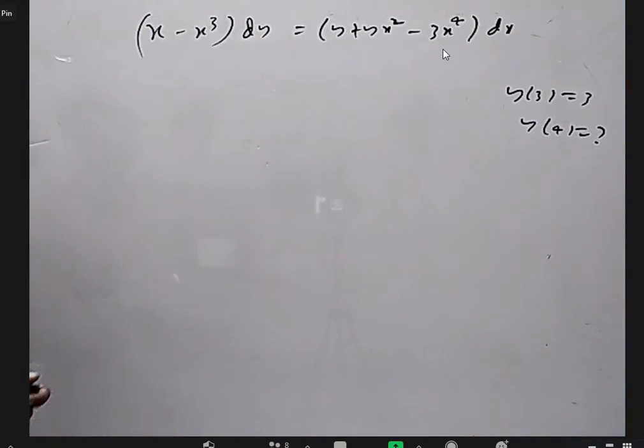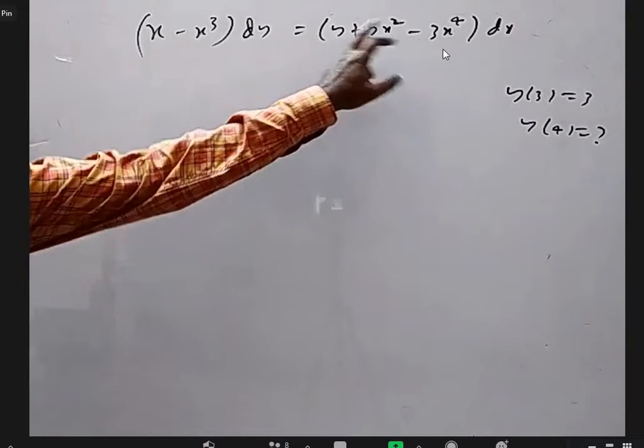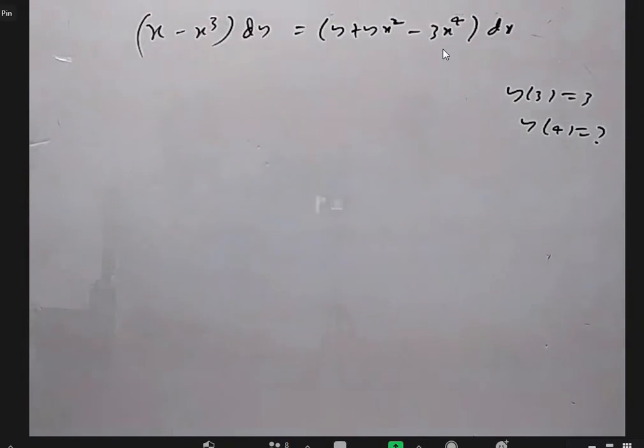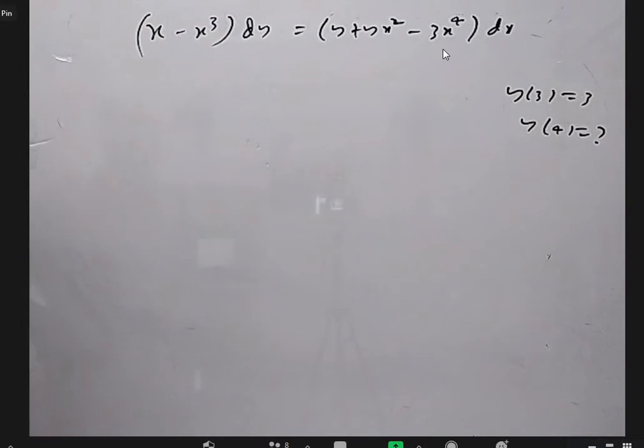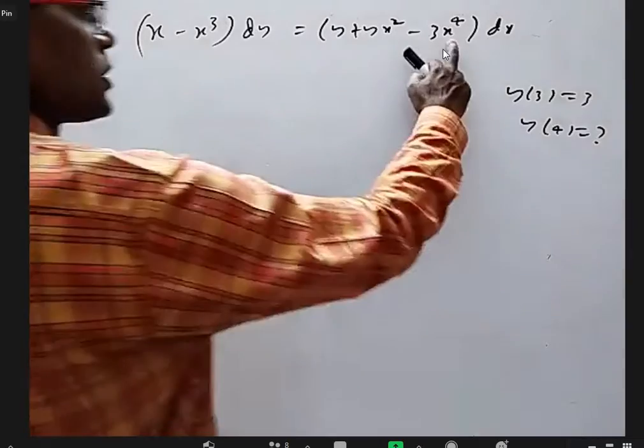Okay. Here I can split it. Normally we'll find dy by dx and try to do integration factor or something. Sometimes I can expand and do it also if possible. This into this I don't have any problem.